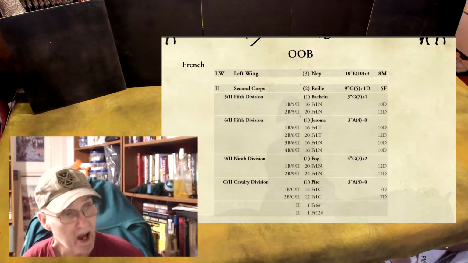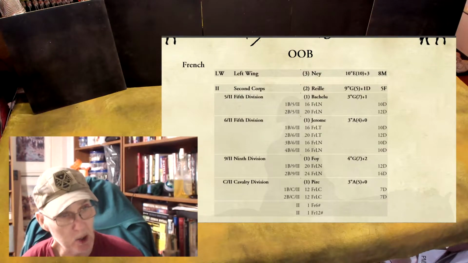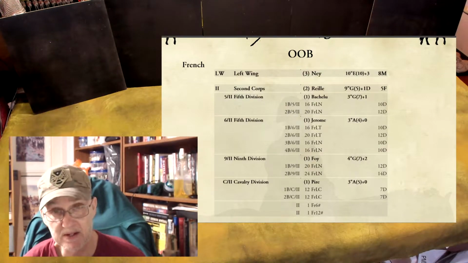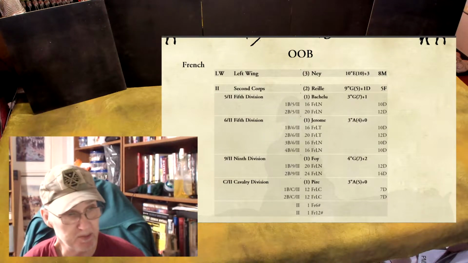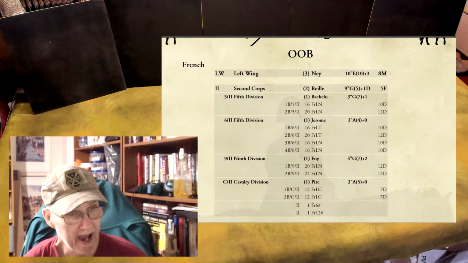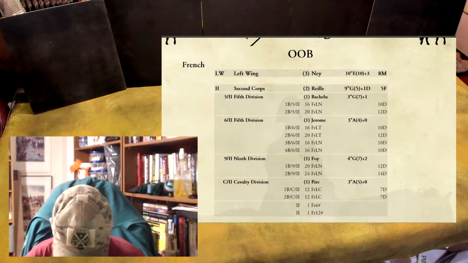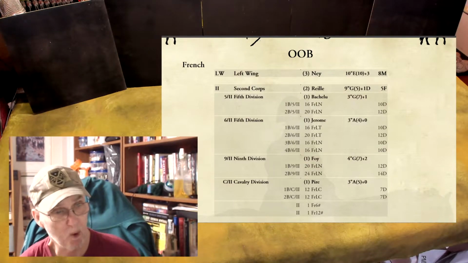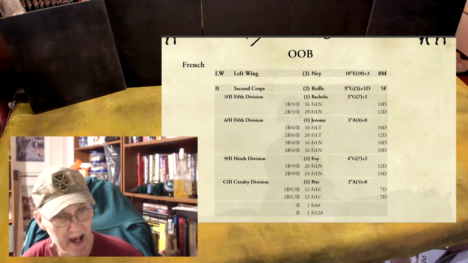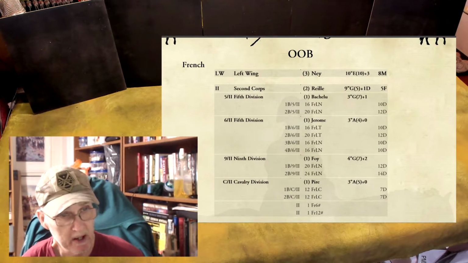Now Reille is the corps commander in this battle, and then each division has a 3-inch, except for Foy, as you can see, he has a 4-inch.